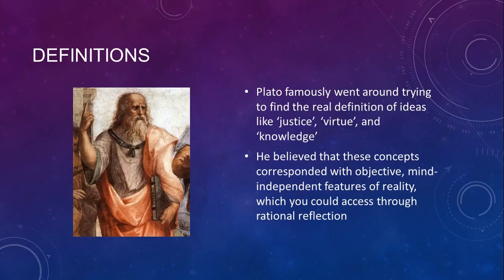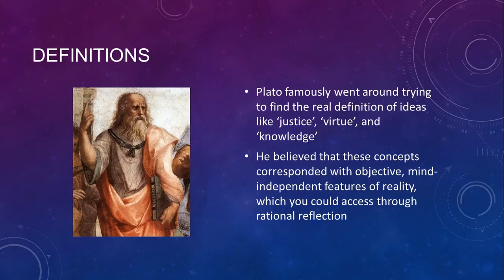So that the necessary and sufficient conditions for these things would actually be built into the structure of reality, and that you could access them through rational reflection. His mentor Socrates thought you could access these things by like bothering people in the marketplace hard enough. If you just asked them a series of annoying enough questions, you would eventually arrive at the nature of justice.